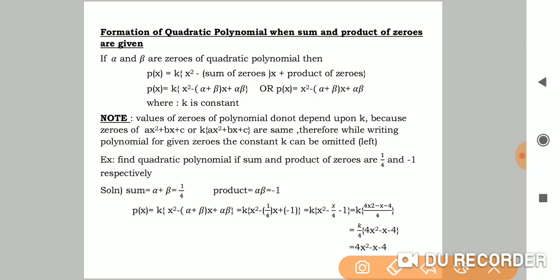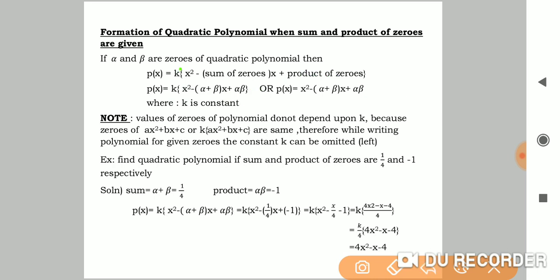Mathematically, p of x is equal to k into bracket of x square minus alpha plus beta into x plus alpha into beta, or simply we can write p of x is equal to x square minus alpha plus beta into x plus alpha beta.